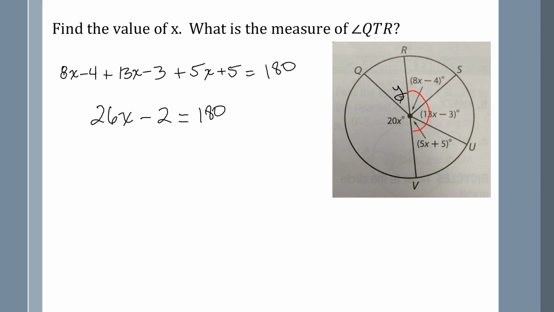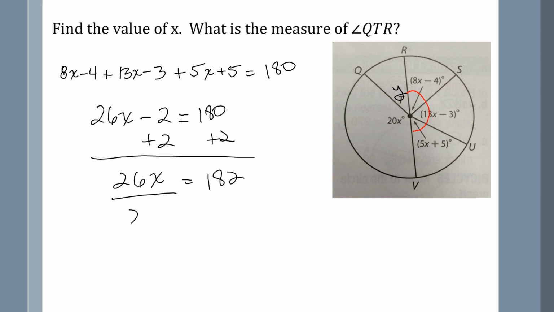So now we're going to go ahead and add 2 to each side of this equation. I've got 26x is equal to 182. So we divide each side by 26. And I get 182 divided by 26, and that is 7.